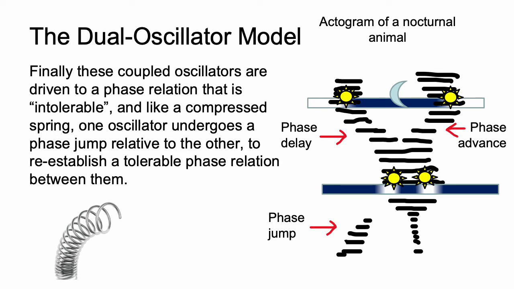So eventually, these coupled oscillators are driven to a phase relation that is intolerable, if you will, or just unsustainable. You can only push them together so much, like you can only push a spring together so much. And like that spring, one of the oscillators undergoes a phase jump relative to the other one to reestablish what they call a more tolerable phase relation between the two oscillators.